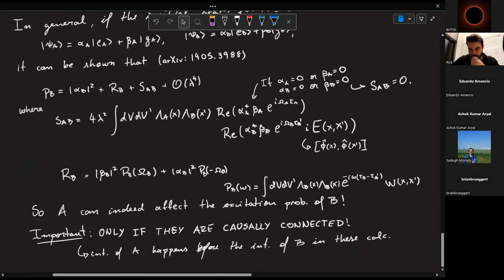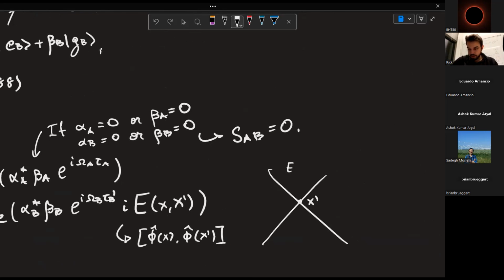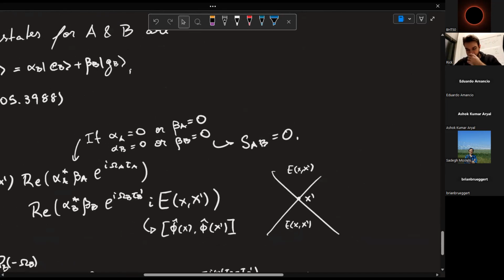But the idea here is, remember that this E is the GR minus GA, right? So it's the retarded minus advanced propagator, which means that if here is X prime, these are the regions where E of X prime can be non-zero, okay?